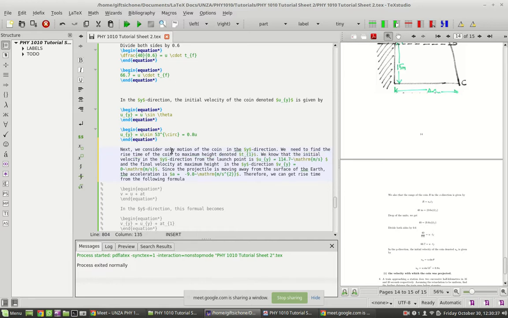Denoted T1. We know that the initial velocity of the coin in the y direction from launch point is this one, 0.8u.